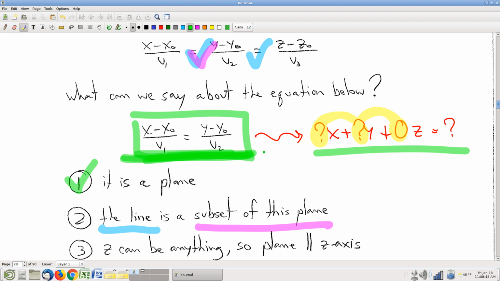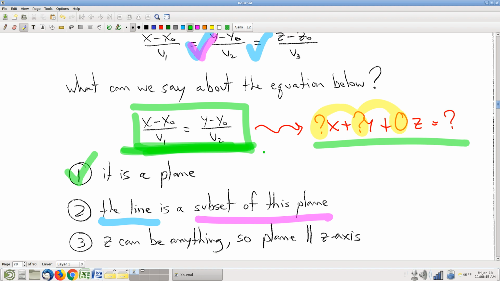And then last observation, look at that normal vector again. This normal vector has no third component. This normal vector is horizontal. And if the normal vector is horizontal, that means the plane is vertical. Everybody see what I'm talking about there?